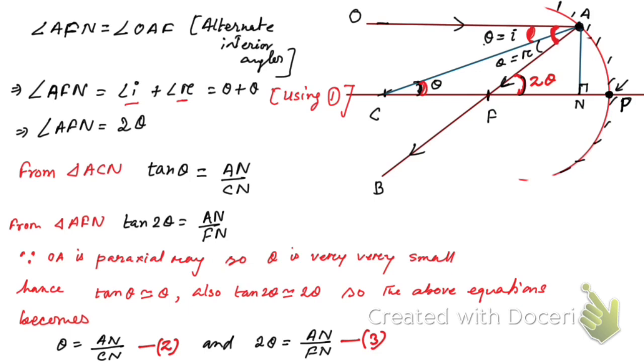So if you use 2 in 3, then if you replace this theta by this value, an by cn, then you're going to get 2 an by cn is equal to an by fn, right? So what we have got, let me write this on the next slide.